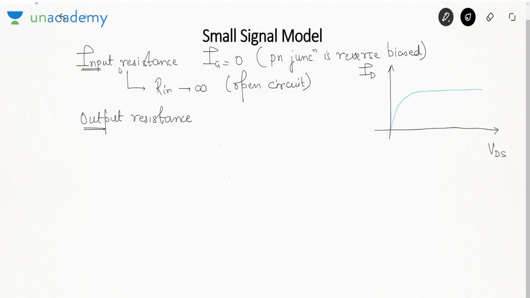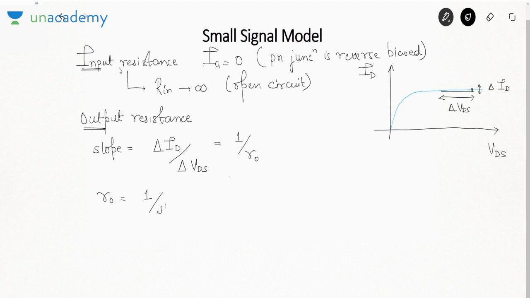Now if you take the slope in this region, this is delta VDS and this small thing is delta ID. So the slope will be equal to delta ID by delta VDS, and this will be equal to 1 by output resistance. So output resistance is 1 by slope, where the slope is actually equal to del ID by del VDS.